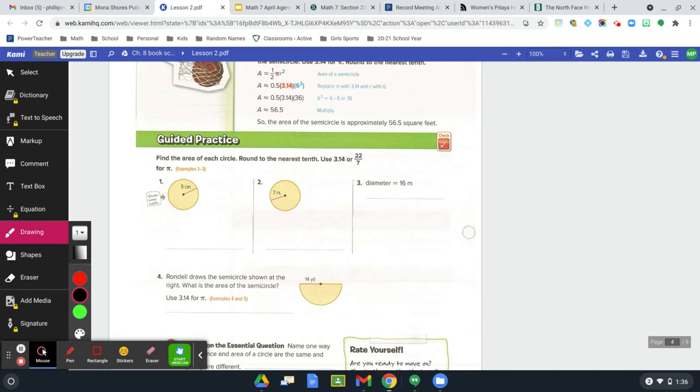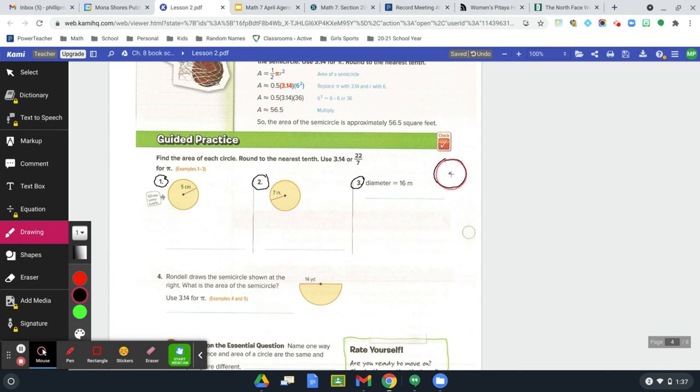And on guided practice, you're going to see number 1 and number 2. And this is on page 626. And you know what? You can also do number 3. You just don't have a visual here. But if you want to draw it, right, you can do that.